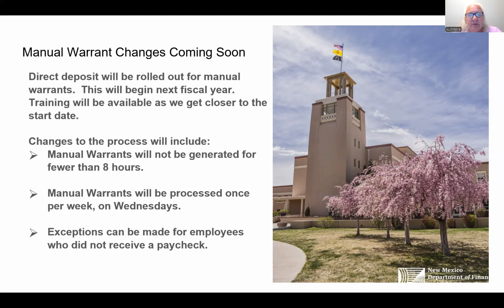So Gloria is asking, will the state eventually require all employees to receive direct deposit? Gloria, there is already a statute that says that DFA has the authority to require all employees to go electronically.